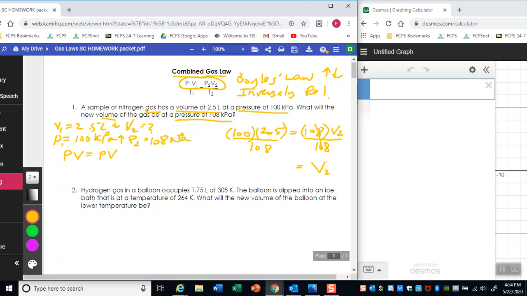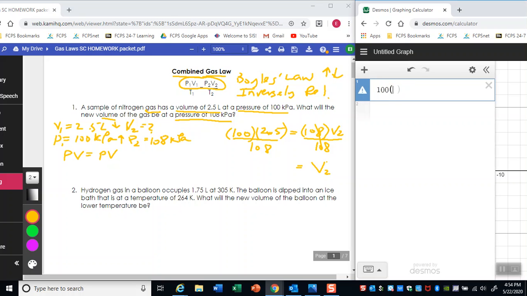If I divide the right side by 108, I have to divide the left. And now I have just a fraction. I'm going to type that in here and figure out my answer: 100 times 2.5 divided by 108.